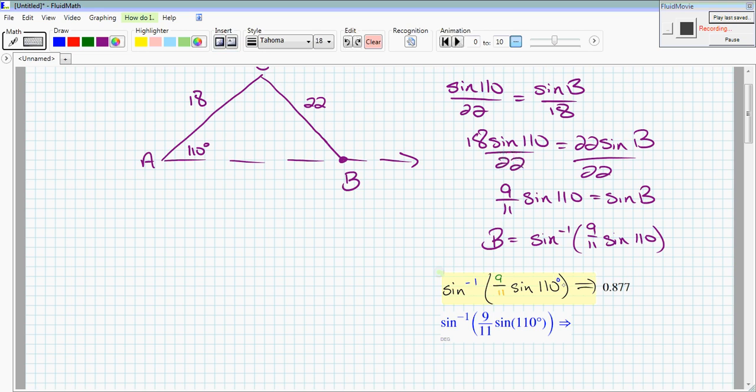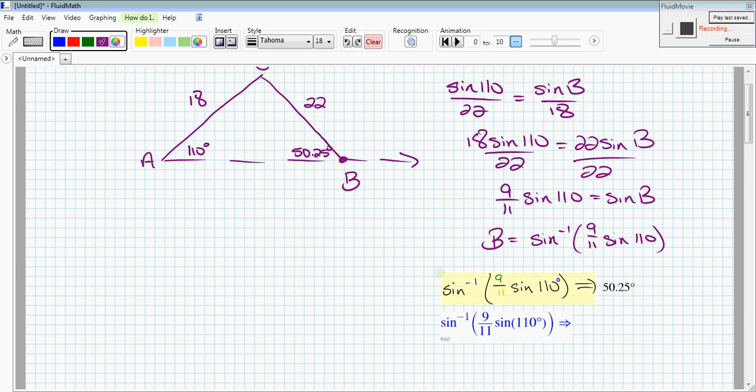Put that in degrees. There we go. And it's approximately 50.25 degrees. So here we have 50.25 degrees, which is correct.